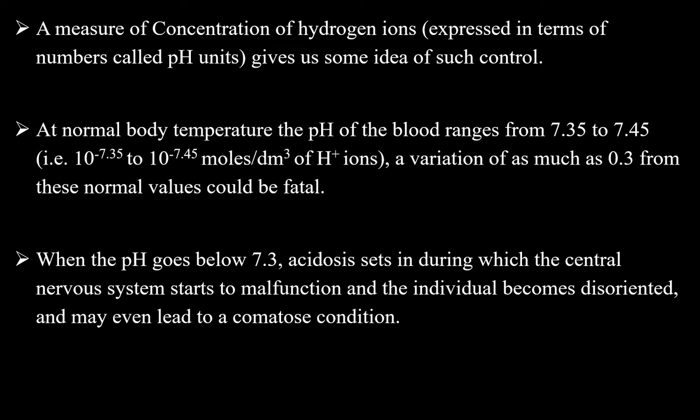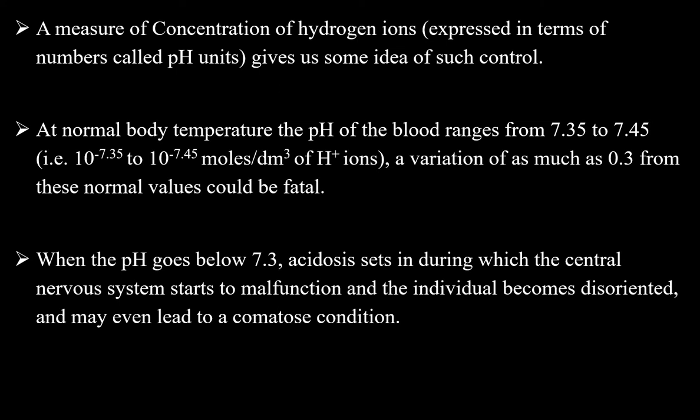At normal body temperature, that is 37 degrees Celsius, the pH of the blood ranges from 7.35 to 7.45, that is 10 raised to minus 7.35 to 10 raised to minus 7.45 moles per dm cube of hydrogen ions. A variation of as much as 0.3 from these normal values could be fatal.